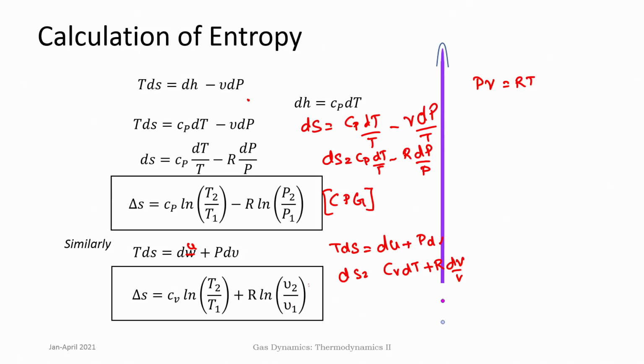So, these equations provide us the means by which we can calculate the entropy in a calorically perfect gas.